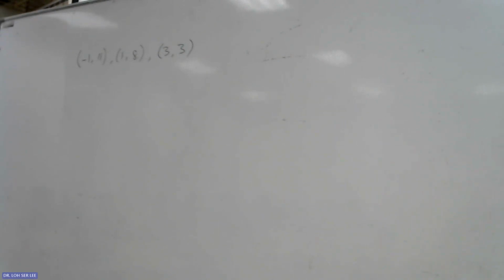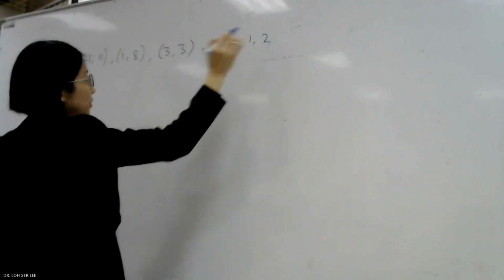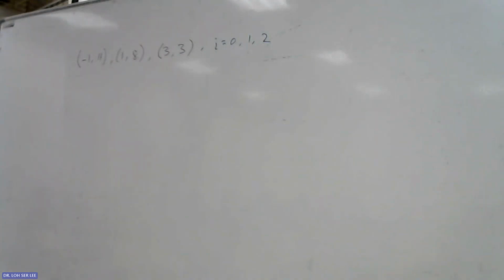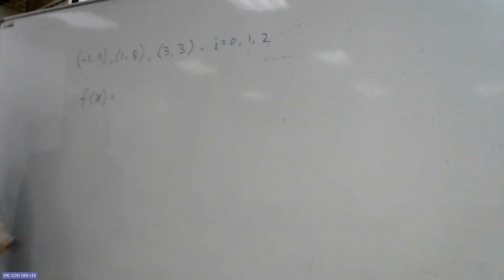And your i values are 0, 1, 2. So we want the second order. Second order means that f(x) has L0, L1, L2. Write it up first.